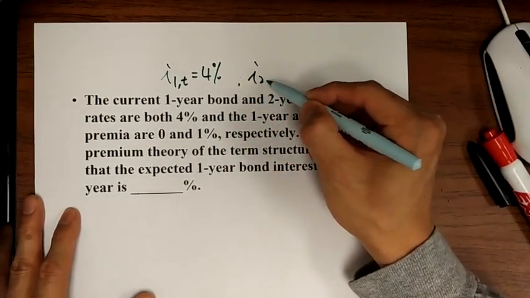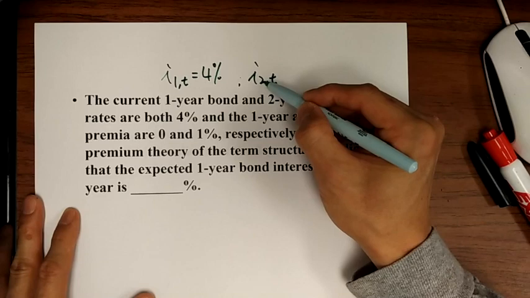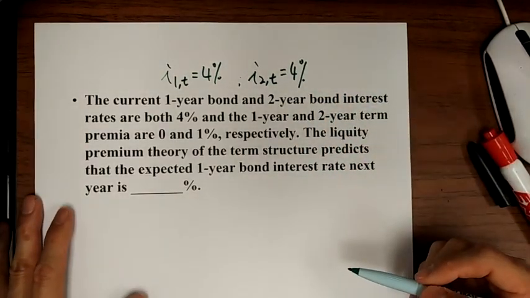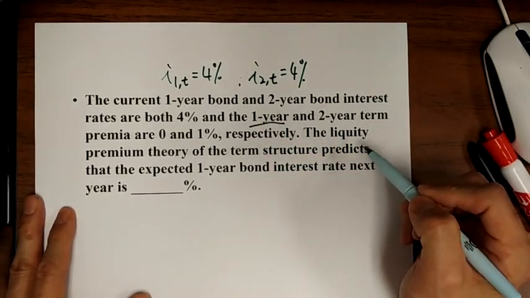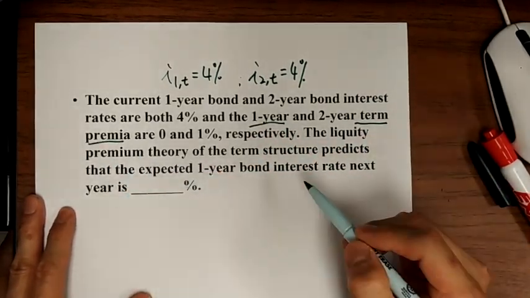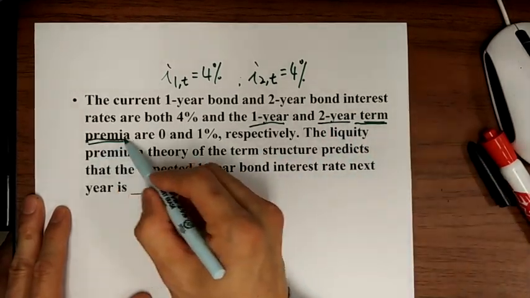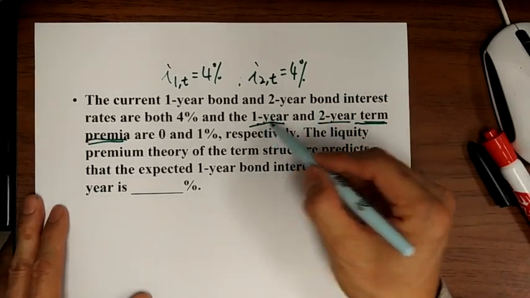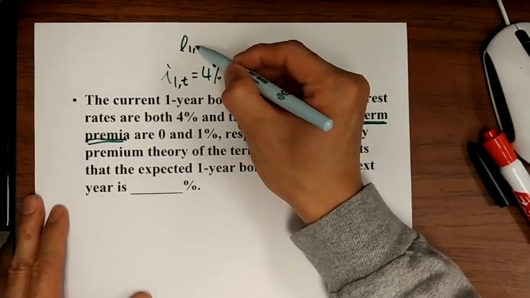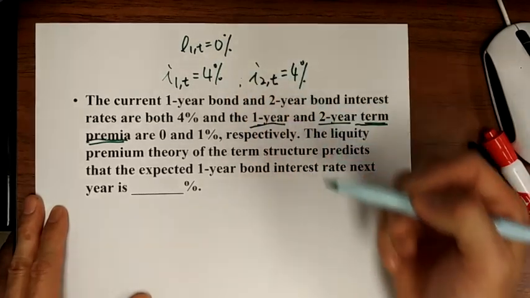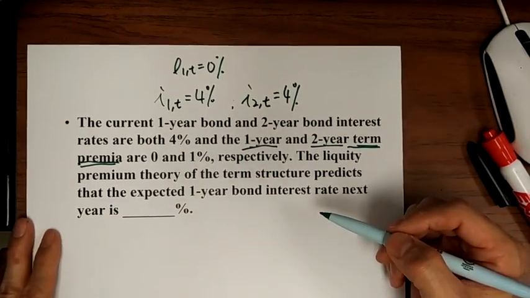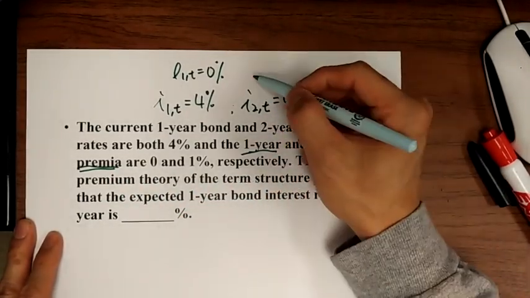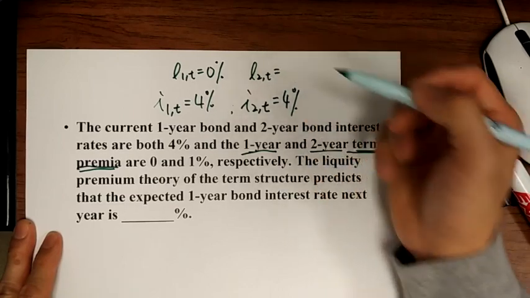The 1-year term premium L1T is 0%, of course. The 2-year term premium L2T is 1%.